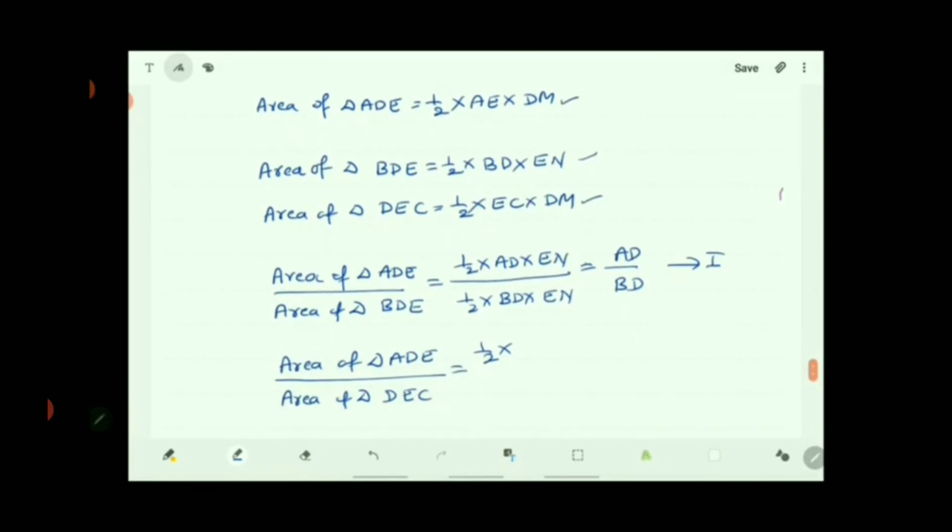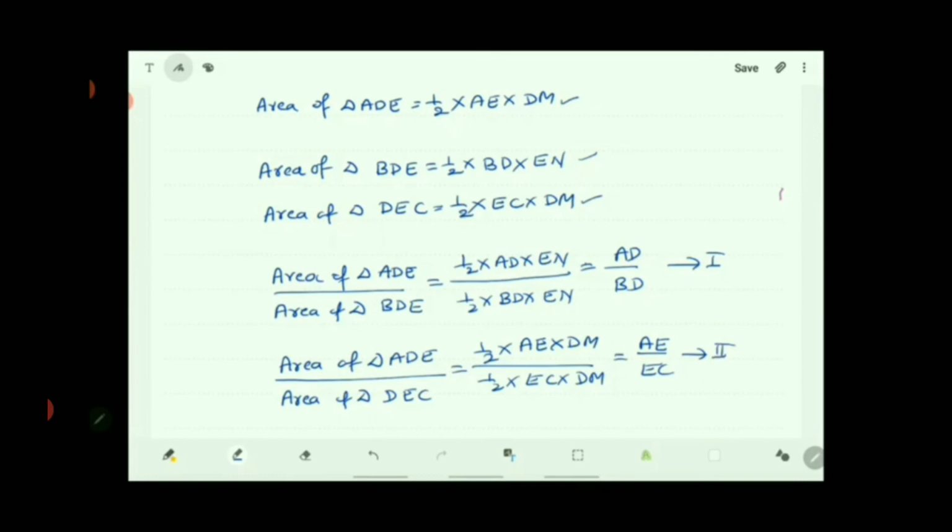It is half into AE into DM by half into EC into the same height DM. Here DM cancels, half cancels, and what remains is AE by EC. Consider this the second relation.